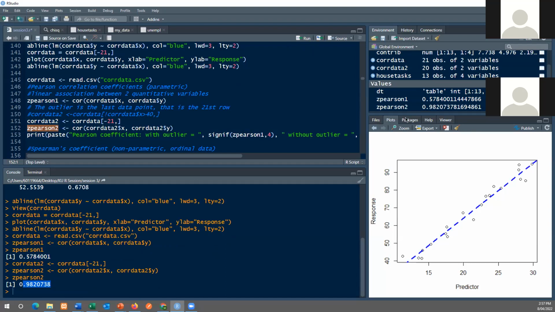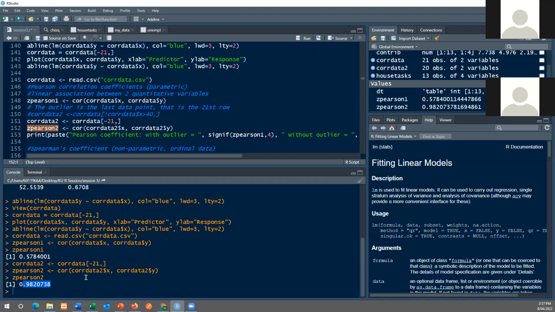In this case we are doing the correlation by default. Look at the function help for correlation. I think this is the cor function.